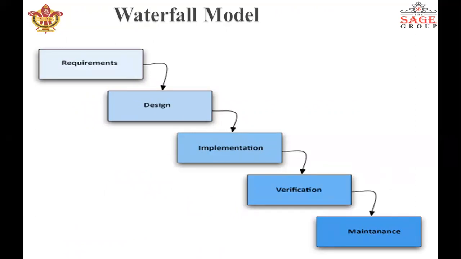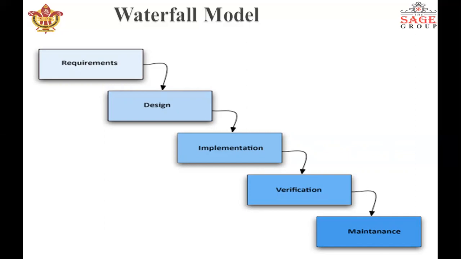First we create the requirements: what the requirements are, which kind of requirements your particular project has. When the requirements are finished, we go to the design part. How to design? Many design tools are available nowadays, like SmartDraw and SmartArt. These are many kinds of smart drawing tools available in software engineering.